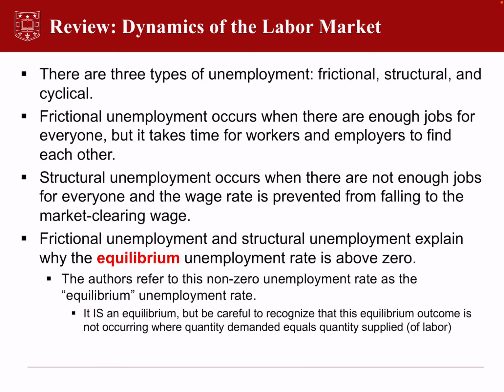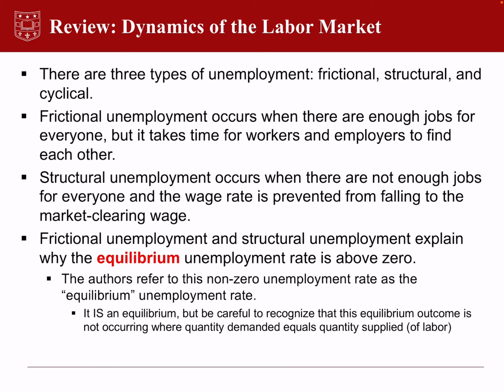Frictional unemployment is going to occur when there are enough jobs, but it takes some time for workers and jobs to find each other. Structural unemployment, again, is going to occur when there are not enough jobs for everyone at the prevailing wage. In other words, the wage is prevented from falling, for whatever reason, to the one that would clear the market.